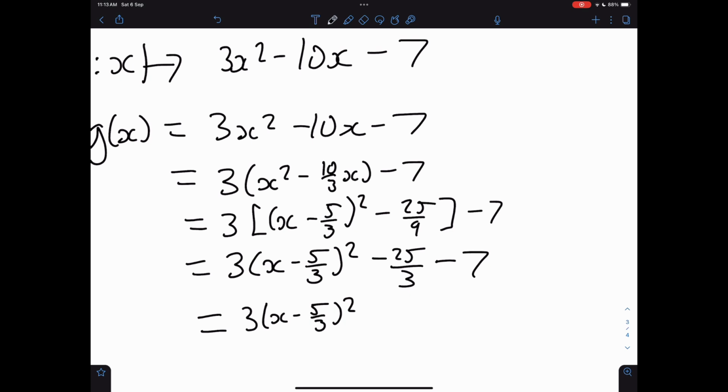So that's minus 21 over 3, so it's minus 46 over 3.